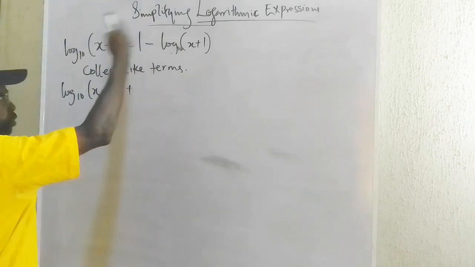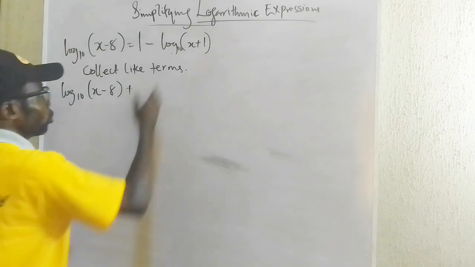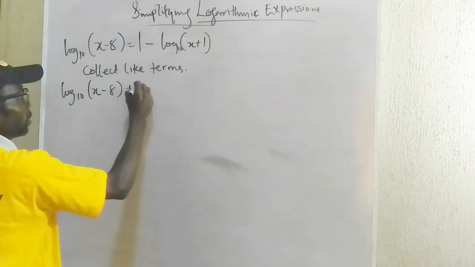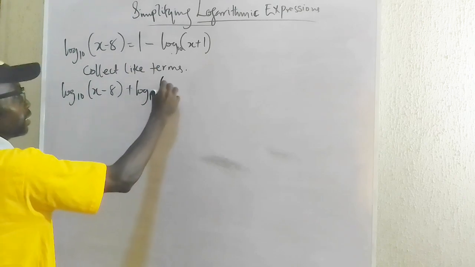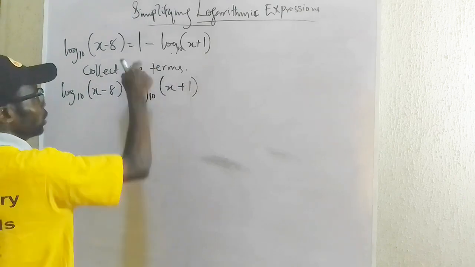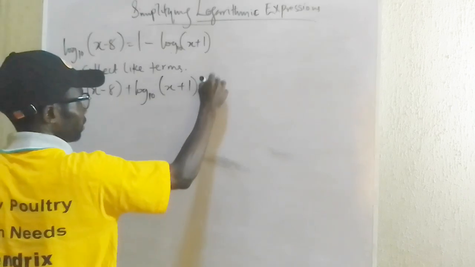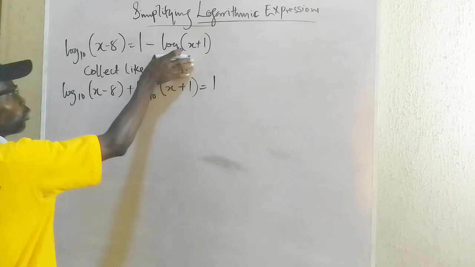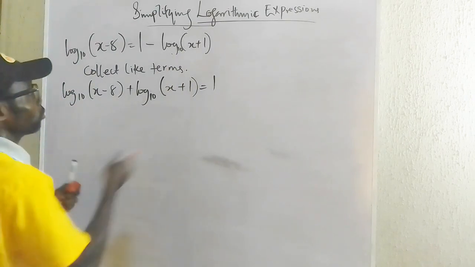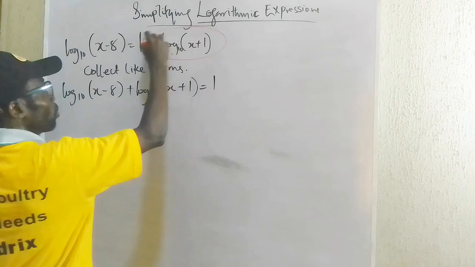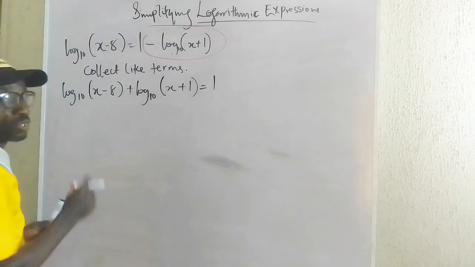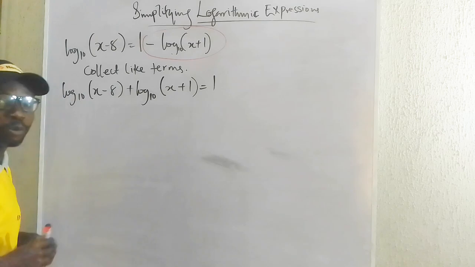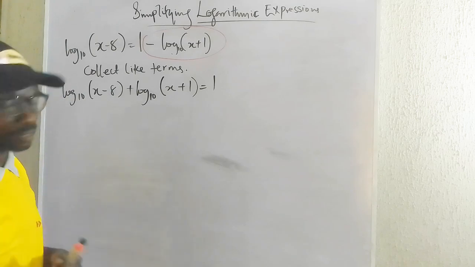So moving it here means the sign will change to log 10 of x plus 1. So this one still remains here. The one I've not moved, I've only moved this, with its sign, to this place. And when you move it, the sign will change to plus. What was done in maths was the additive inverse.